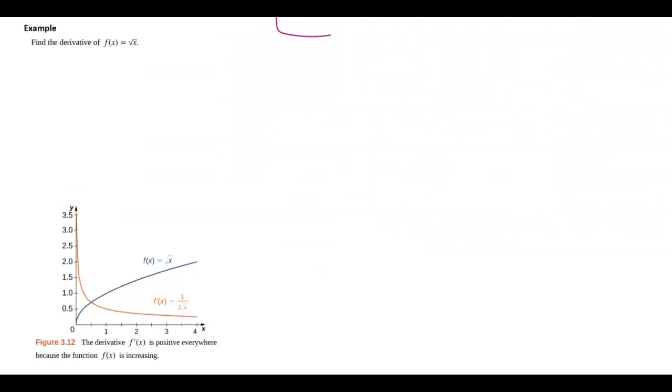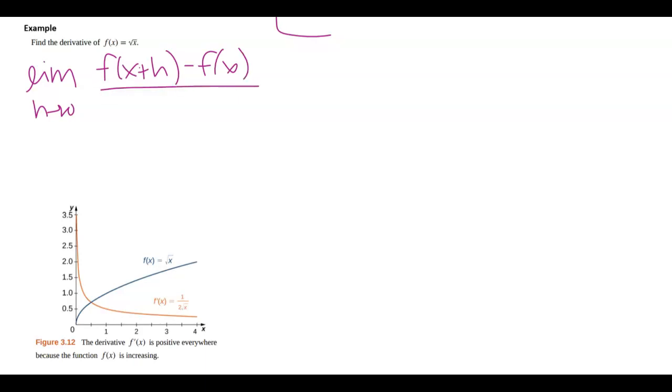Find the derivative of the square root of x. So we say limit as h goes to 0 of f of x plus h minus f of x all over h. In this case, I'm just plugging into the square root function, so I'll go ahead and do that here.